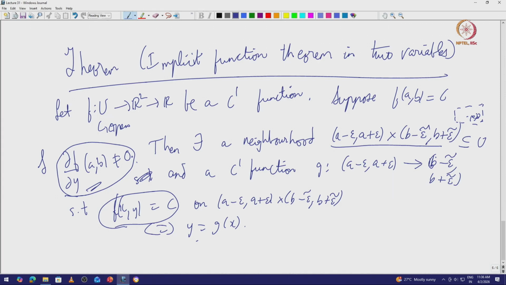So you can implicitly solve for y locally in terms of x. This is the implicit function theorem in two variables. As you can very well imagine, you can have an implicit function theorem in more than two variables, which is also something we will do soon. But this is the starting point to understand the statement as well as the proof technique.